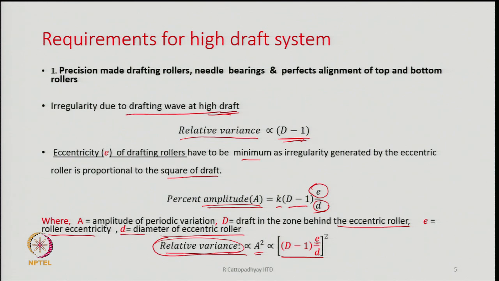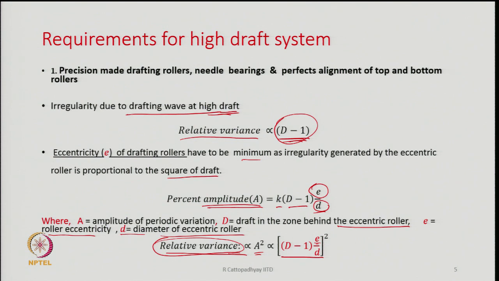And therefore, if in a high draft system we have to go for high draft, we can't reduce the draft in order to reduce the irregularity generated because of drafting wave, because that option is not there. But what is there in our hand is, any other mechanical fault that can generate irregularity, can we reduce that or not?